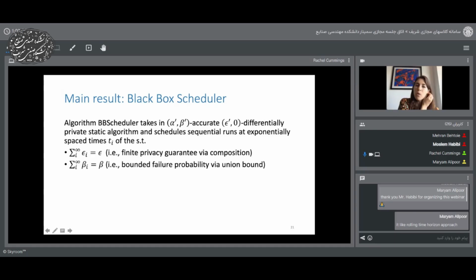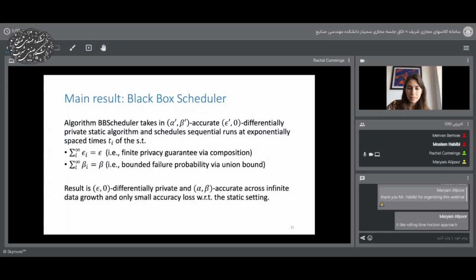We also want all of the failure probabilities of these runs to sum up to something finite and hopefully smaller than 1, because we're going to bound everything with a union bound. And of course, the actual algorithm gives a lot of details on how you optimize these times t_i, and that's the main result.